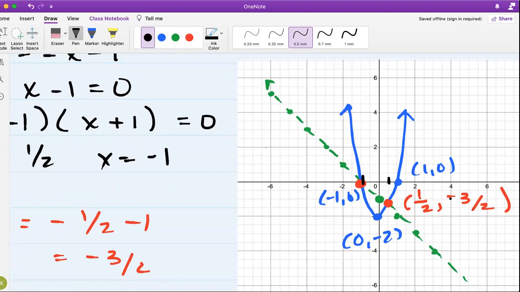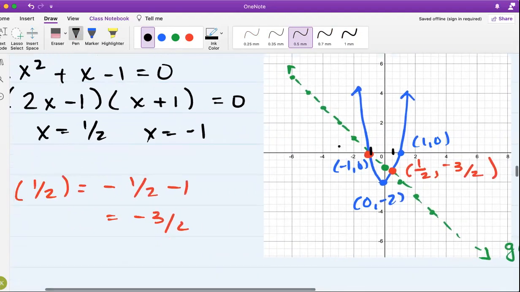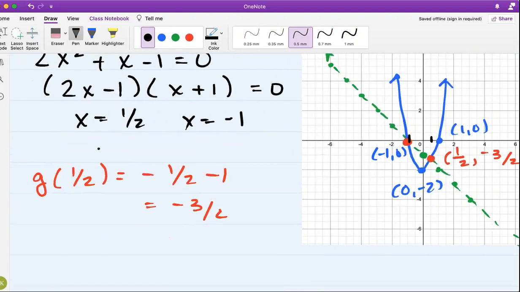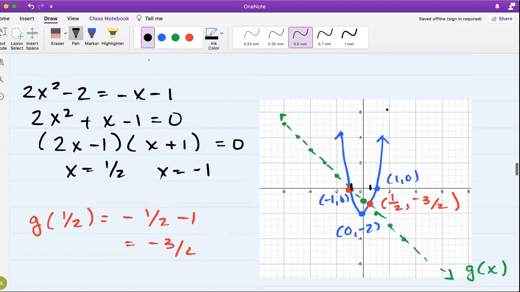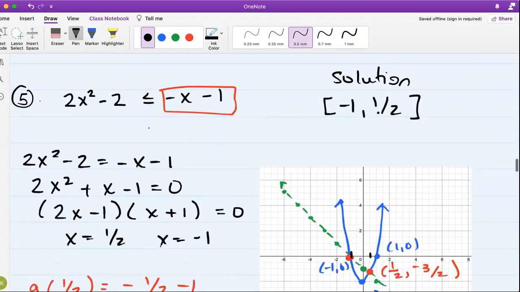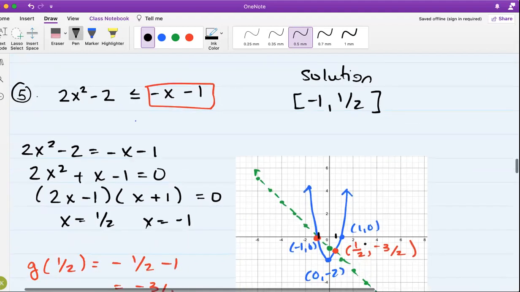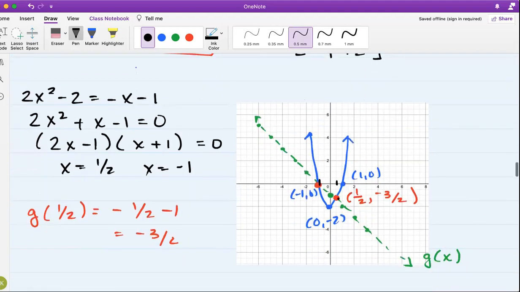And so we're going to have infinitely many solutions, but the endpoints of the solutions are going to be negative 1 and 1/2, exactly what we got before. Now you can see this one is much more complicated. If you have some homework problems that involve this, and they ask you where it's less than or greater than a line, just remember less than is when you're underneath it, greater than is when you're above it, and you're equal to when you're right on the line.